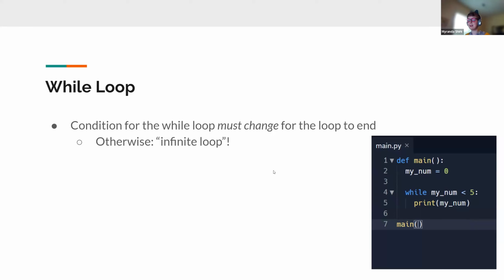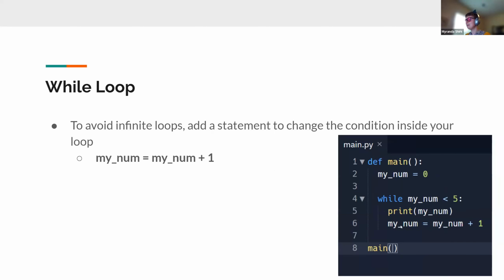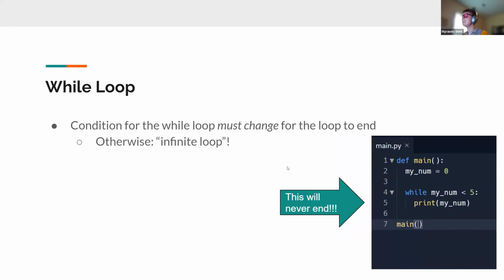So this might happen to you as you're learning, and still happens to me sometimes. So yeah, this will never end. But luckily, there is a way to get out of it. You can hit Control-C on your keyboard, and then that will stop your code.